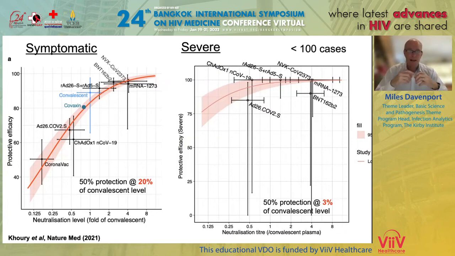At the time, we didn't really have data on waning or efficacy against variants, but subsequently, this has turned out to provide a very good explanation of why protection against severe infection is maintained better over time than protection against symptomatic infection, and similarly why protection against severe infection is maintained against the variants even when protection against symptomatic infection is lost.